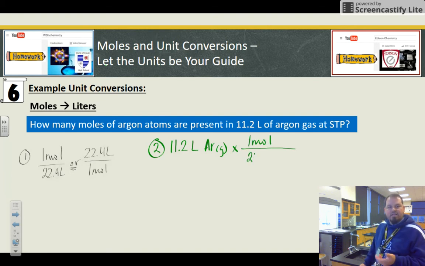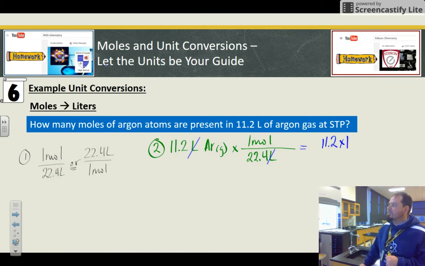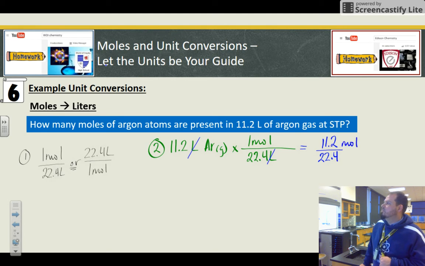That tells me I need to cancel out my liters by using the conversion factor with liters in the denominator. And this one we can do in our heads real quick. This is a 0.5. 11.2 divided by 22.4. Liters cancels and leaves me with moles. Done. So you do the math, but that one we can do right in our head.